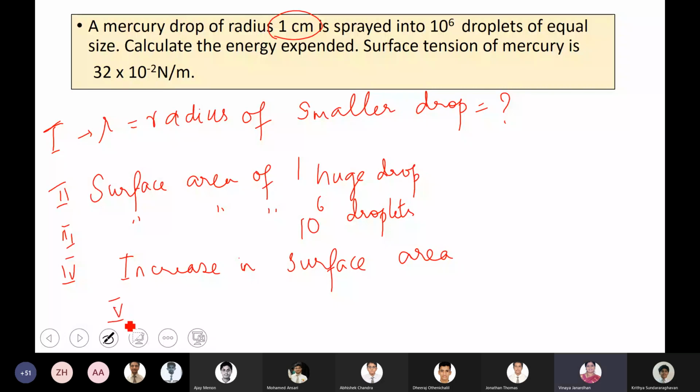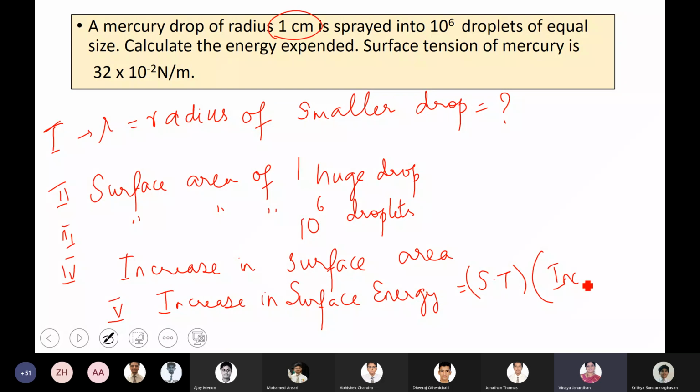Fifth step will be increase in the surface energy. Increase in surface energy will be equal to surface tension into increase in surface area. I want all these steps.